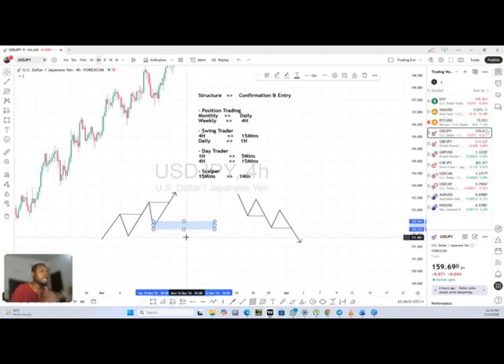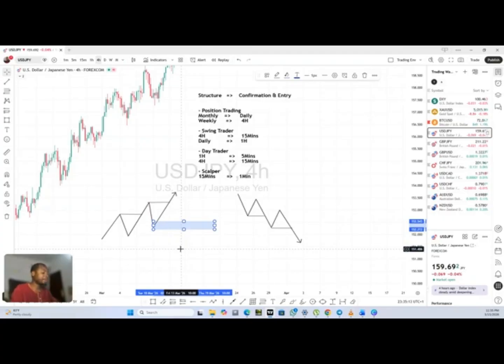Mark it from that monthly time frame. Then after that, you have two options: either use confirmation entry or use aggressive entry. I'm going to teach you confirmation entry and aggressive entry in my next video.